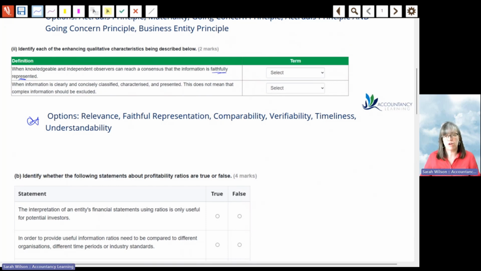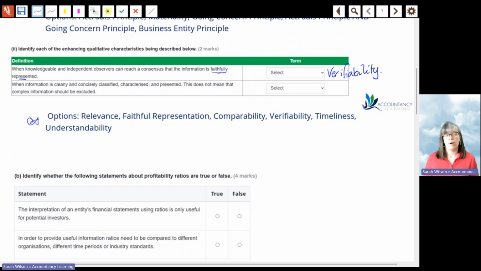So you've got 2, 3, 4 or more people having a look at the information that's been given, and all of them can say that it's true. So therefore, we are going to be looking at verifiability. So can we verify that that information is faithfully represented?